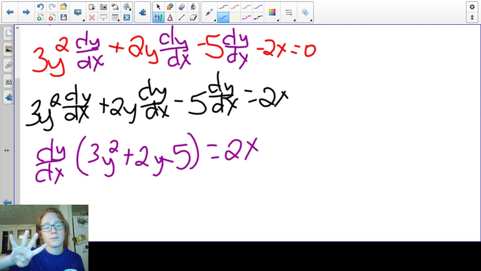Step 4, solve for dy/dx. So I want to get this dy/dx on one side. I'm going to keep it there on the left. So it's being multiplied with this whole big polynomial, so to undo multiplication, I'm just going to divide.